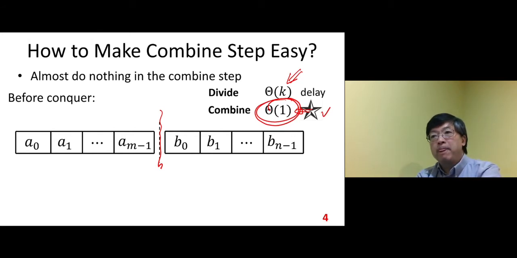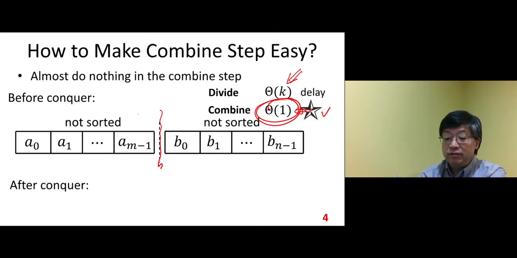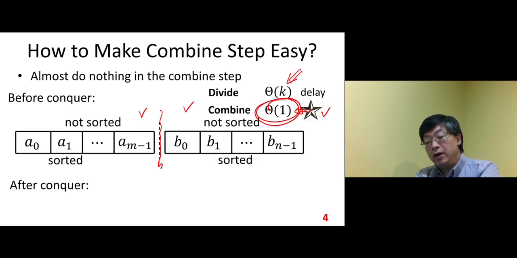Before conquer, each one is not sorted. Eventually we need to conquer each one after another. So after conquer, the A array is sorted, the B array is also sorted. Now we combine them.